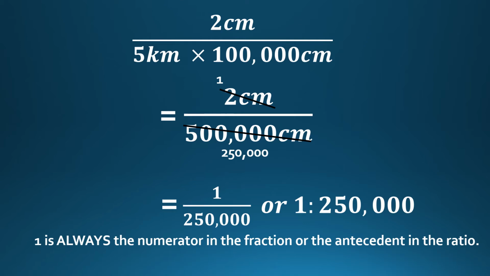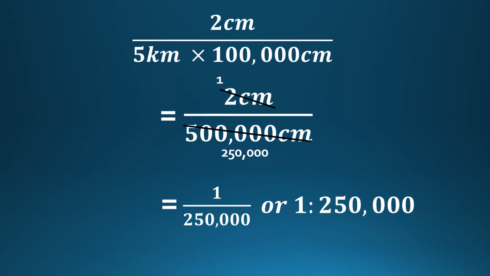Remember, 1 is always the numerator in the fraction, and 1 is always the antecedent in the ratio. No other number. That is why we always use 1 over a number or 1 to a number. Hence, in this case, we got 250,000. So we say 1 over 250,000 or 1 to 250,000. And that is how we convert our statement into a ratio or representative fraction scale.